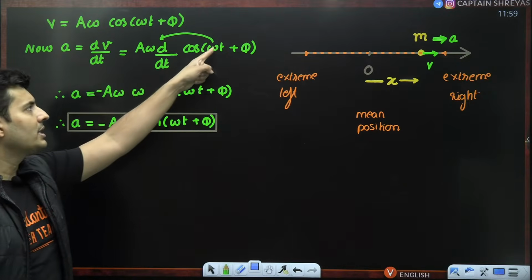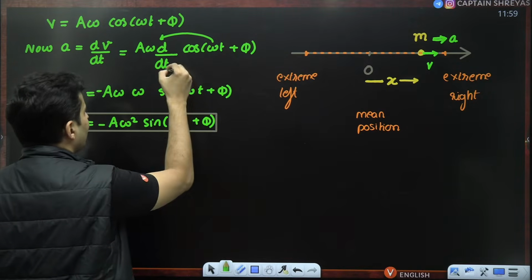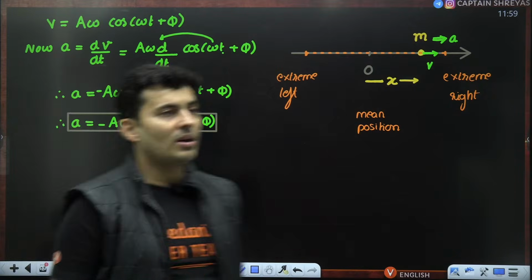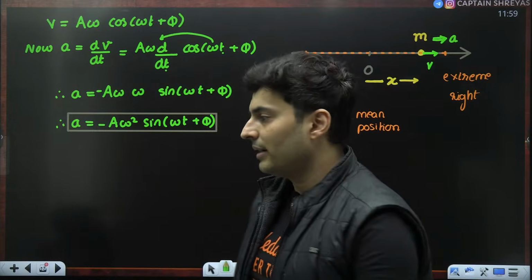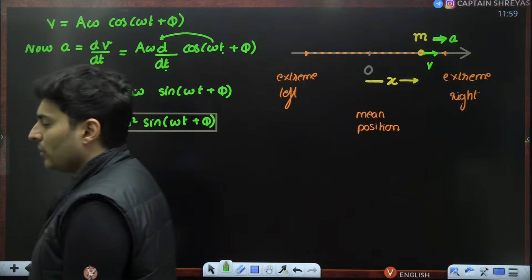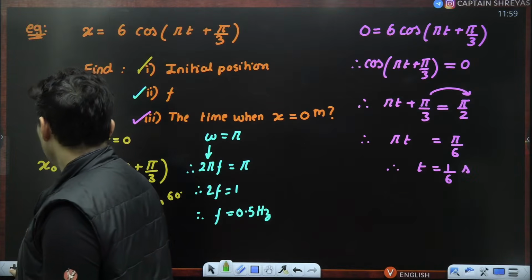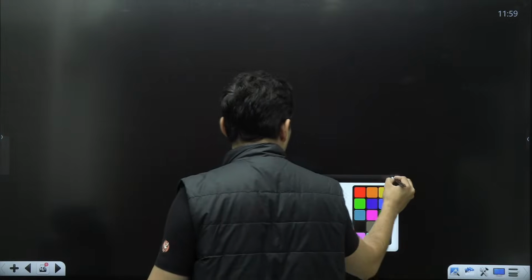Every time you differentiate, whatever term multiplies with t will come outside. That is your ax plus b rule of derivatives. Those of you who have forgotten that rule, let me remind you very quickly.